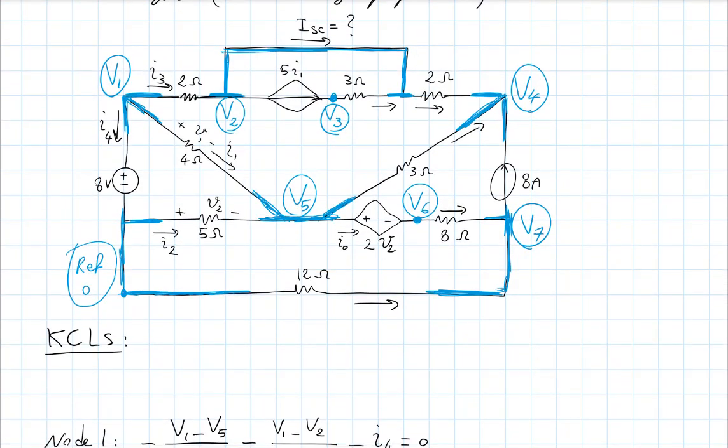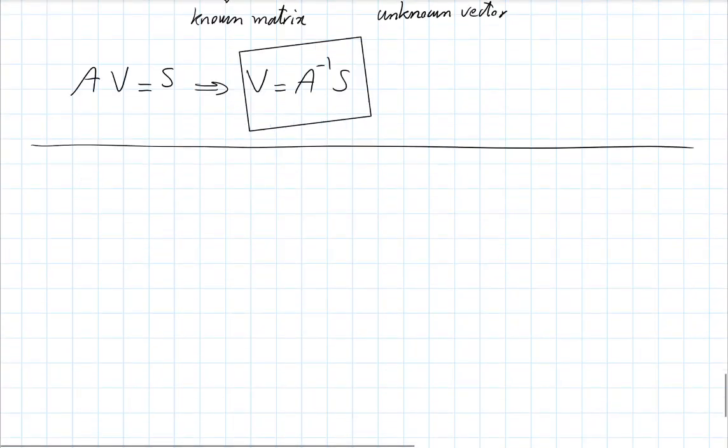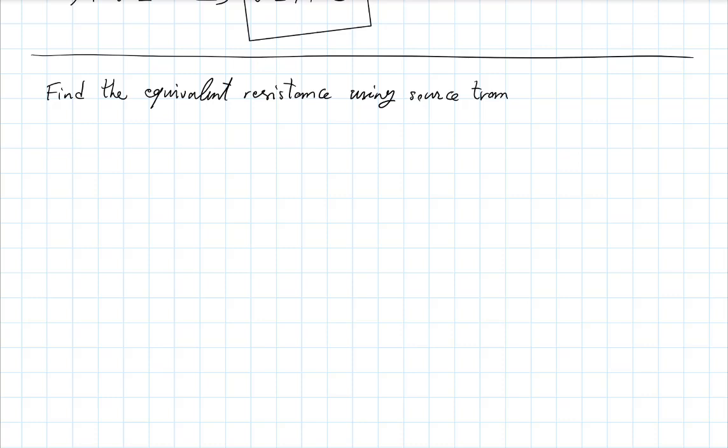I'd like to do one more problem today, and that's a source transformation problem. So find this equivalent resistance using source transformation, and this is the circuit.